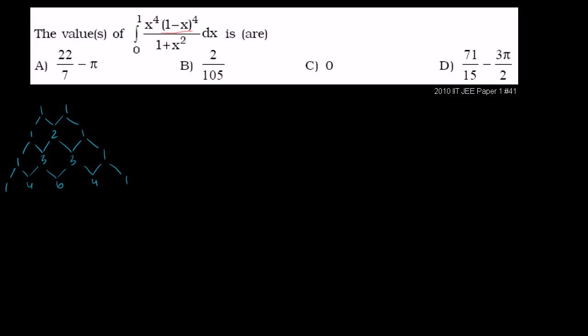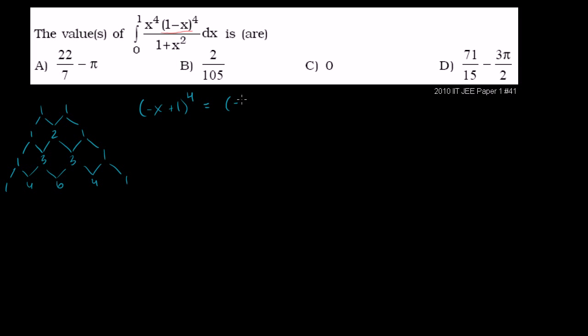So if we want to take 1 minus x to the fourth power, I'm going to write it as negative x plus 1 to the fourth power, because I want the high degree x terms to be listed first. You start with this term at the highest power and this term at the 0 power, and then each successive term, this one goes lower in power and this one goes up.